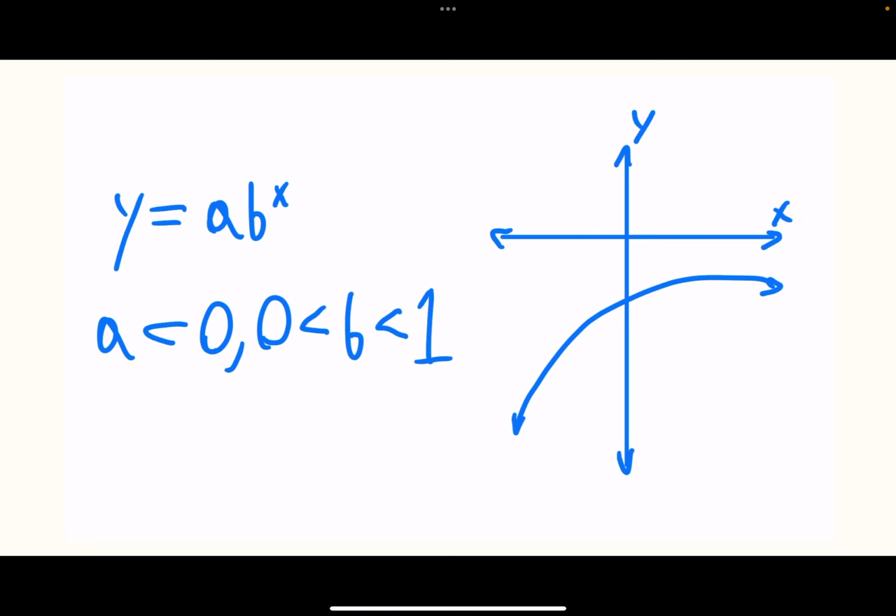And finally, our last example is if y equals a b to the power of x, a is less than 0, but 0 is less than b and b is less than 1, then you'll see that the curve goes from the left side to the right side of the x-axis onto the left bottom of the y-axis. And as you see, there's a common pattern that these functions do not curve into 0, or they do not touch 0.